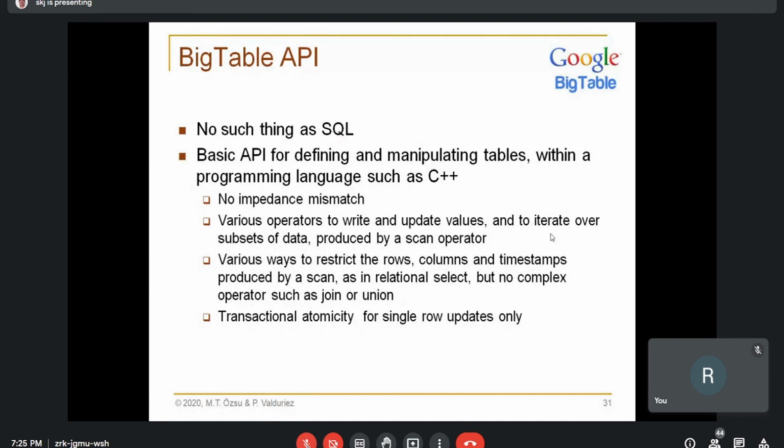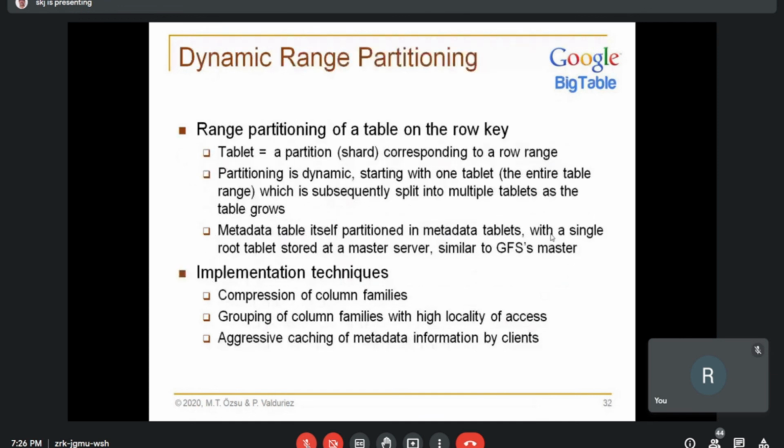No impedance mismatch, various operators to write and update values and to iterate over a subset of data produced by the scan operator. Various ways to reference columns and timestamps. Scan is like relational select, but no complex operators such as join or union. Transactional atomicity for single row updates only. Dynamic partitioning, dynamic ring partitioning.